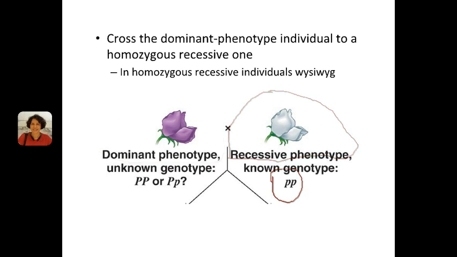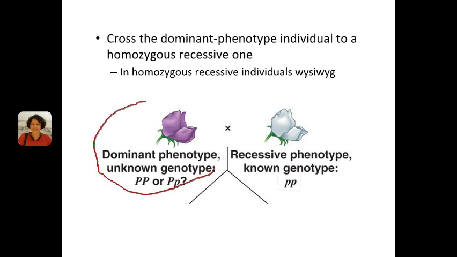So in the case of the white flowered pea plant, you know its genotype is little p, little p. So if you cross it to this individual, then you will be able to predict what the genotype of the purple flowered individual is according to the ratios that you obtain in the offspring.